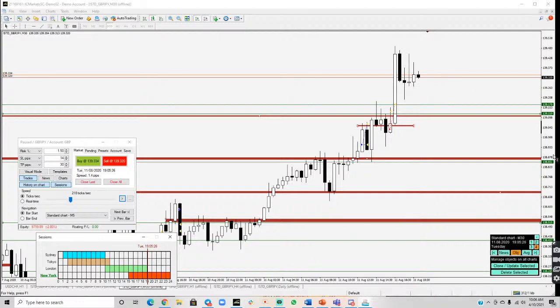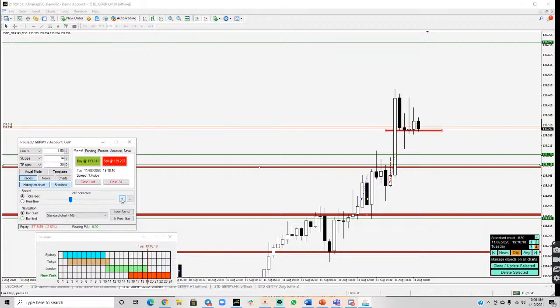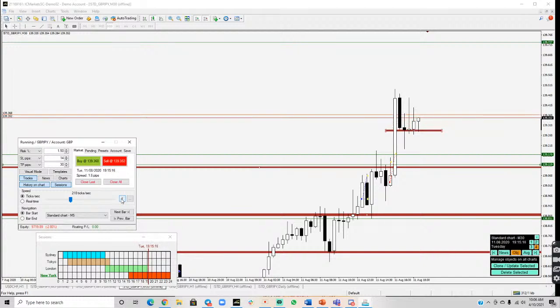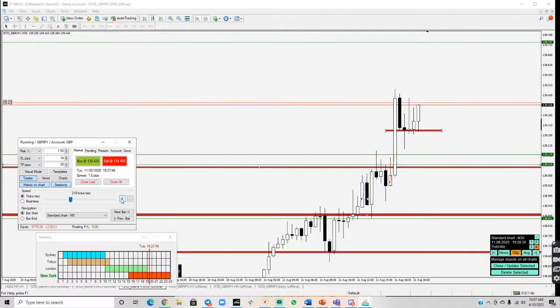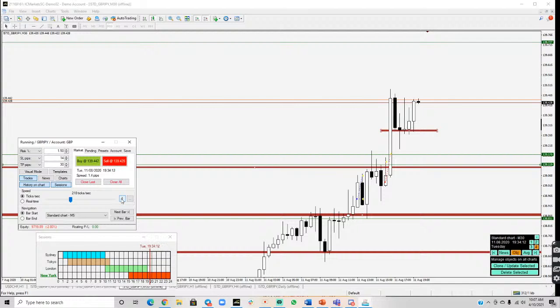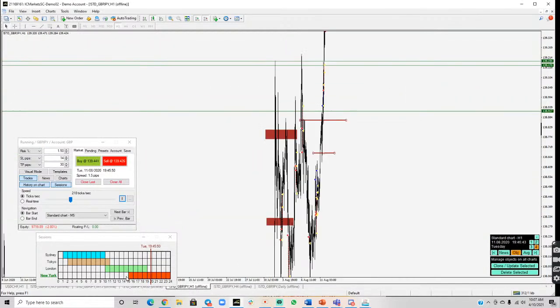Yes, so just gonna make some adjustment here, leading up to the London close. So if we break and close below... So this is just a tough one. It's gonna move on to the next session because this is about 12, leading up to 12.